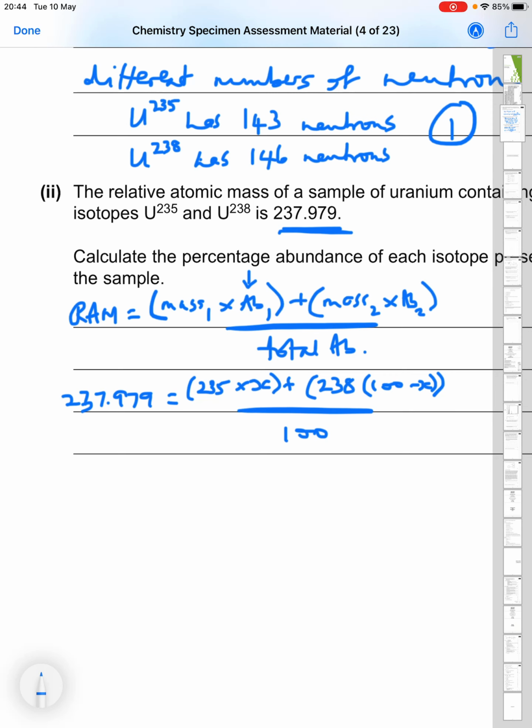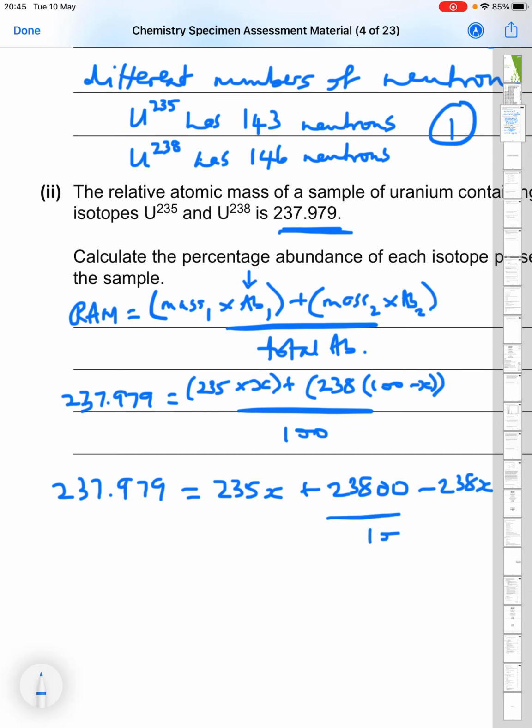When we simplify out what's in the brackets, 237.979 is equal to 235X plus 238 times 100, minus 238X, over 100. So X works out at 0.7%. So that is U235.